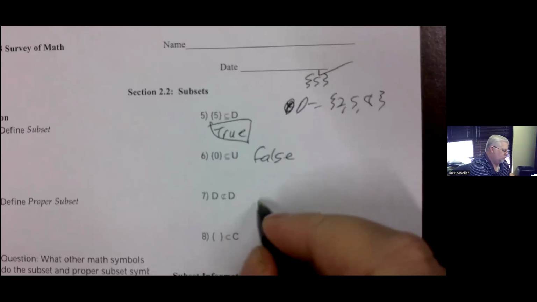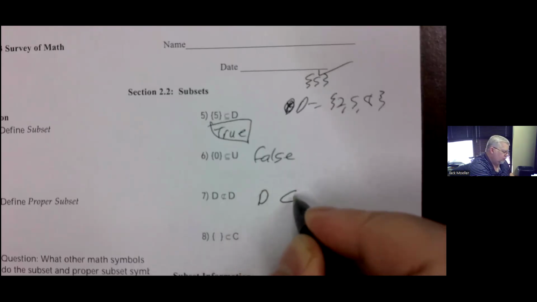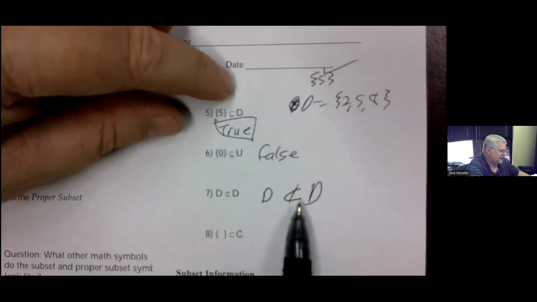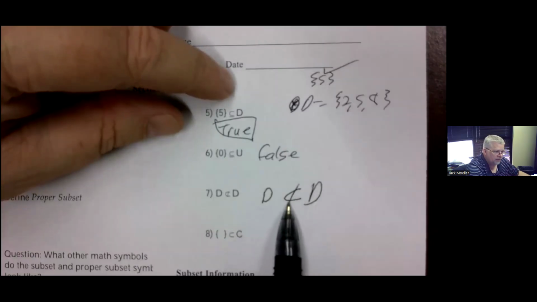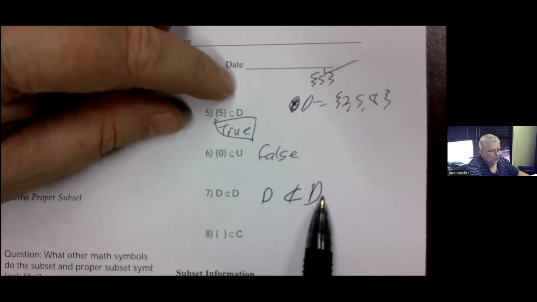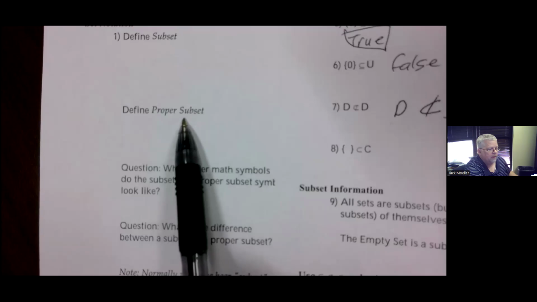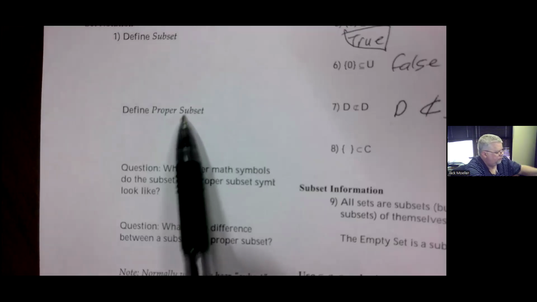Okay. So, I don't know if you can read that or not. It's a little light. So this is saying D is not a proper subset of D. So can D be a proper subset of D? Well, how do we define proper subset? Again, go back to the definition.